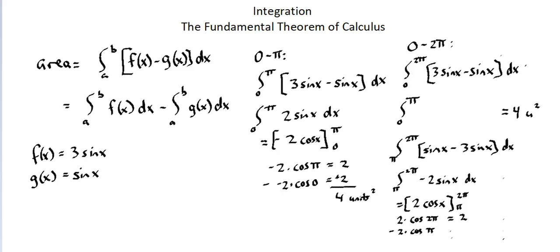Then cosine of pi is negative 1 times 2 is negative 2, minus negative 2 is plus 2. So I will have 2 plus 2 to sum to 4 units squared. And the combined area from 0 to 2 pi is our first calculation of 4 plus our second calculation of 4 to combine to a total of 8 units squared.